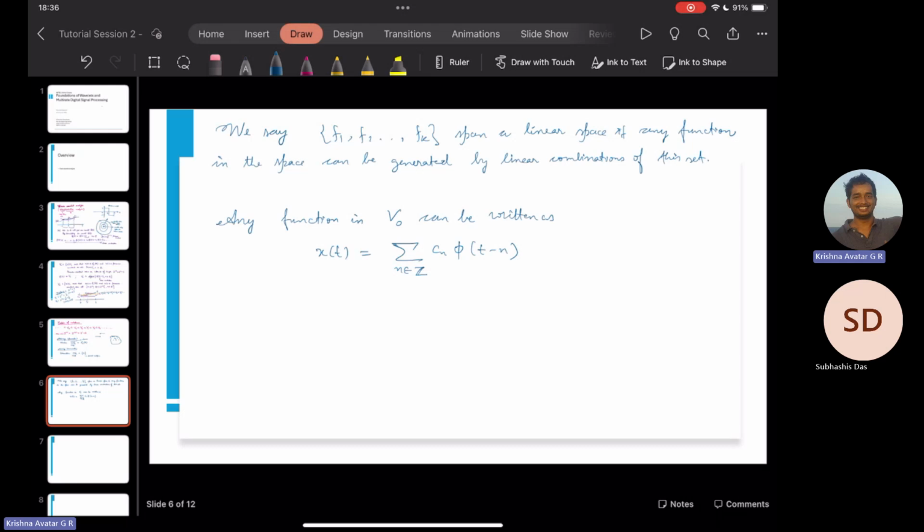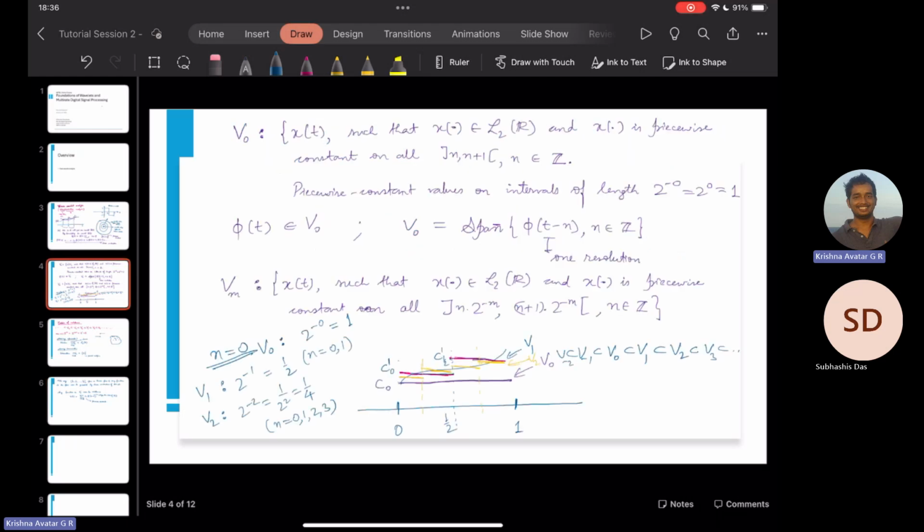Phi can be any wavelet, not only Haar wavelet. And the cn were the piecewise constants, and n is the integer translates. And we were able to show that graphically.